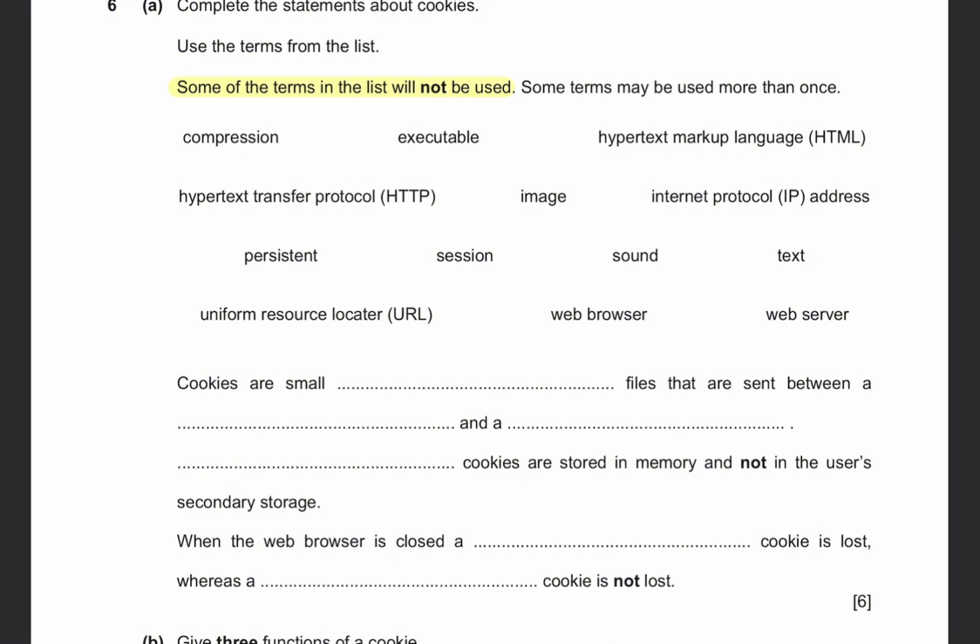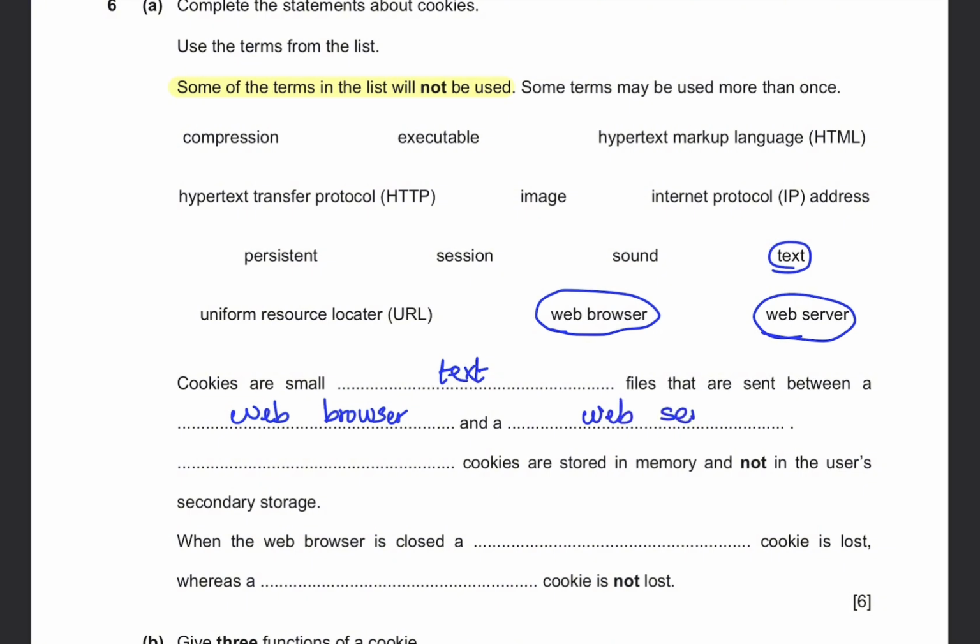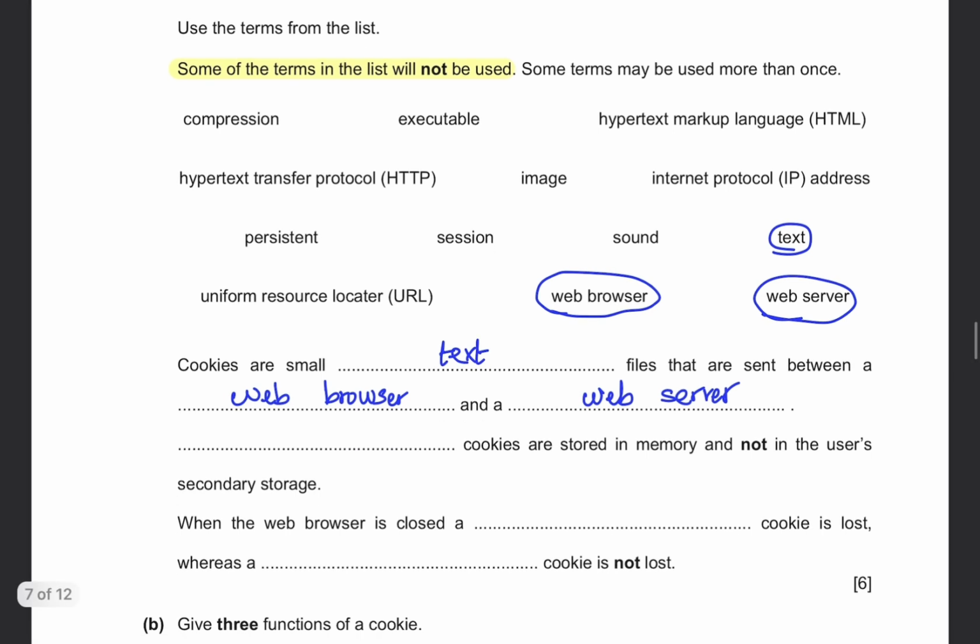Cookies are small text files that are sent between a web browser and a web server. Cookies are stored in memory and not in the user's secondary storage.